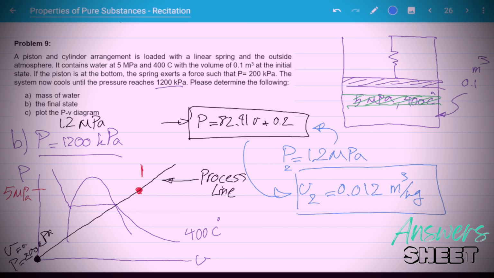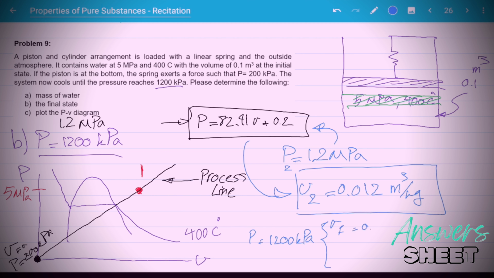Okay, we have the pressure at the second state, we have the specific volume at the second state, so according to state postulate, we can pinpoint our final state. I'm going to check the tables for the pressure of 1200 kilopascals and see what the specific volume of saturated liquid and saturated vapor are. So the specific volume of saturated liquid is 0.001138.